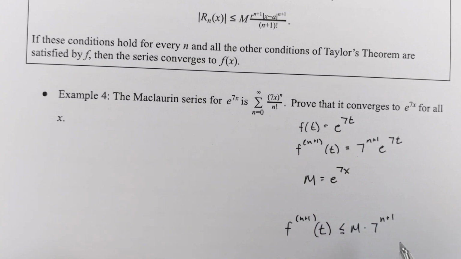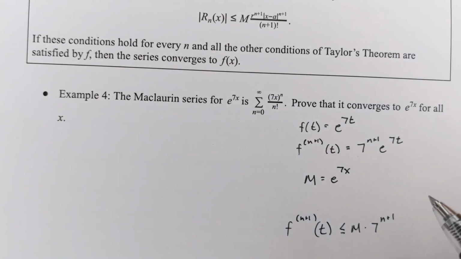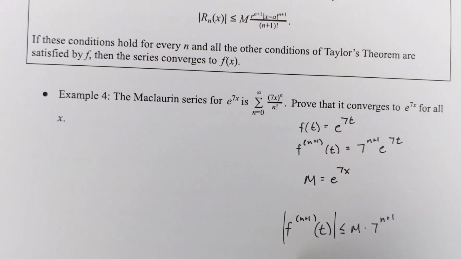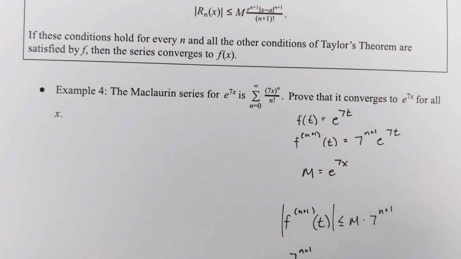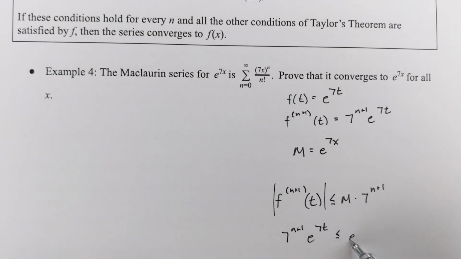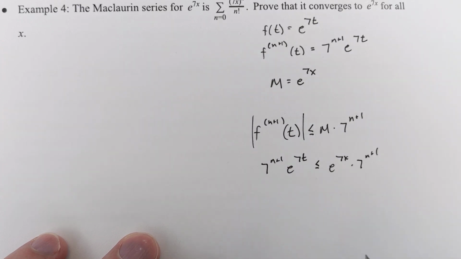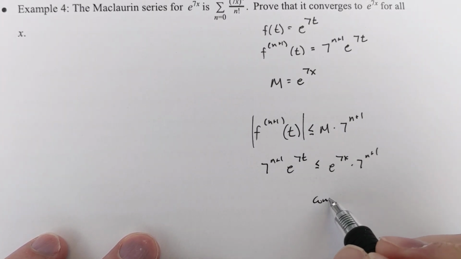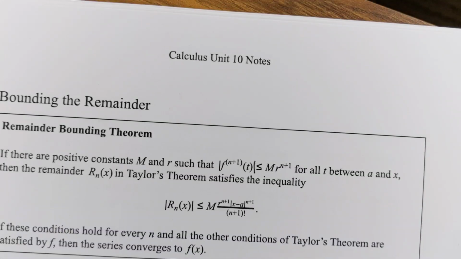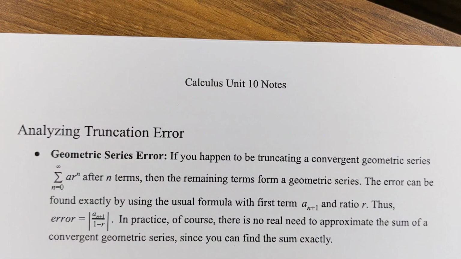If I divide this by this, that's how I get r. So this becomes 7 to the n plus 1 e to the 7t, less than or equal to e to the 7x times 7 to the n plus 1. This is a true statement, just written in the other order. So it converges.